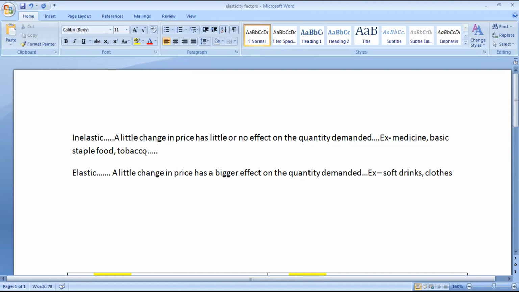Now, as I was saying, why is it important to know, as a manager, about the elasticity of your product, the demand elasticity or the price elasticity of demand for your product? Now, let's draw a diagram. Let me go to Paint.